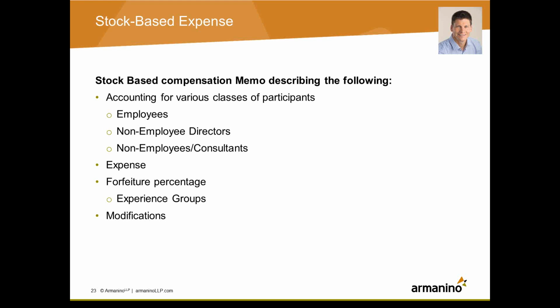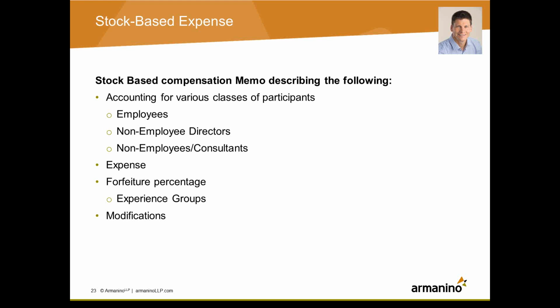And one of the best practices we recommend is just writing up a simple memo describing the process that you went through when doing the accounting. In 85% of circumstances you're going to use the same assumptions for all of your employees. You're not going to break it out into differing categories. But certainly the distinction here is that for employees and non-employee directors, the grant date fair value is what is used.